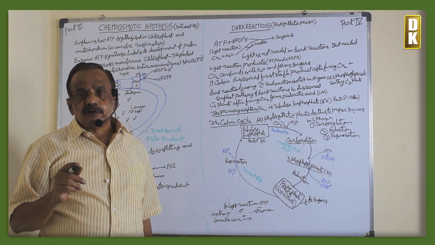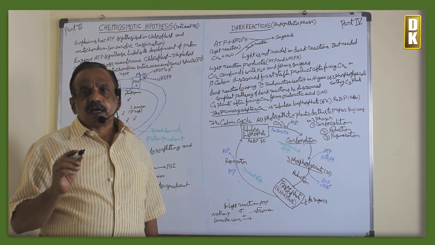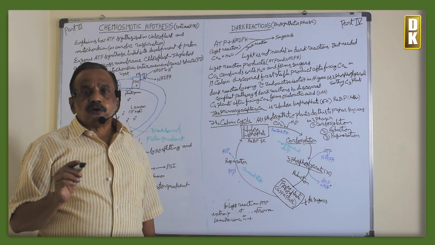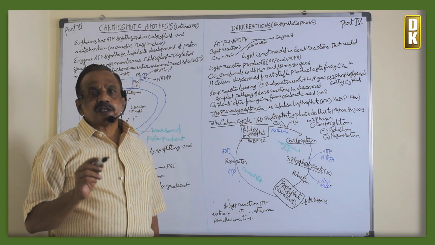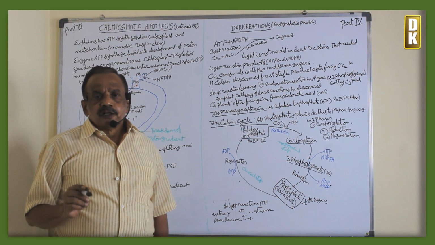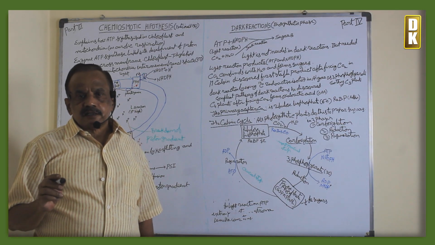Then they found some plants that showed the first stable carbon compound is a C4, 4-carbon compound, oxaloacetic acid, OAA. So that group of plants is called C4 plants.